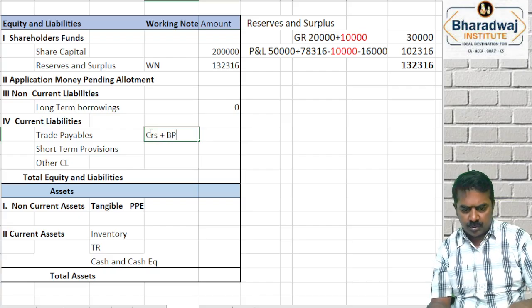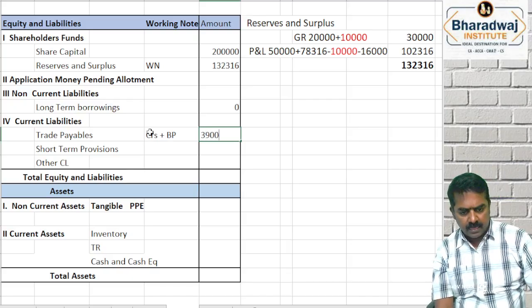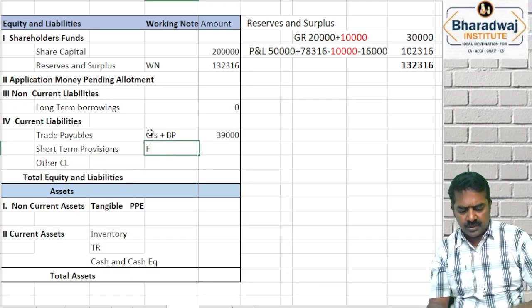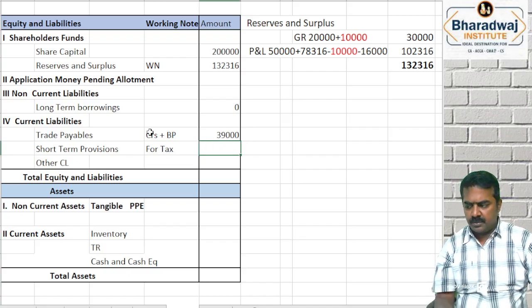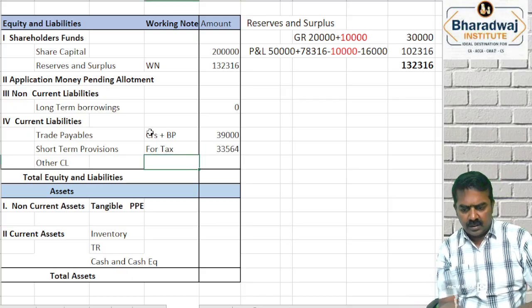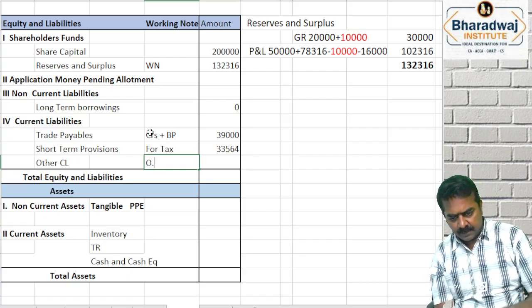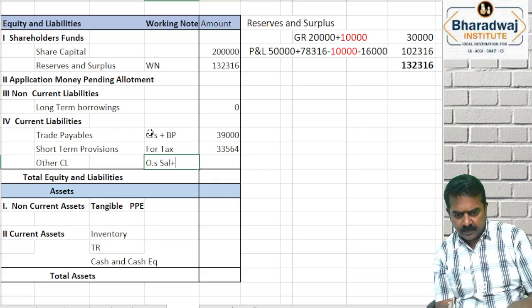For these, proper notes to accounts must be given in the exam because they asked clearly. How much? 39,000. Short-term provision for tax. What is it? 3,564. Then other current liabilities or outstanding expenses: salary plus rent. Yes, sir. 2,000.